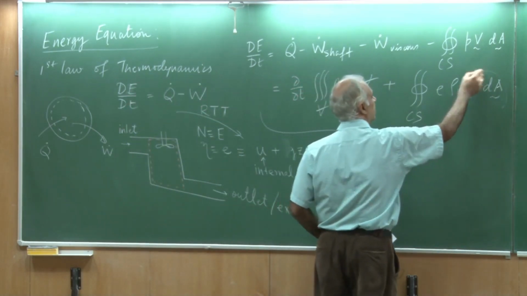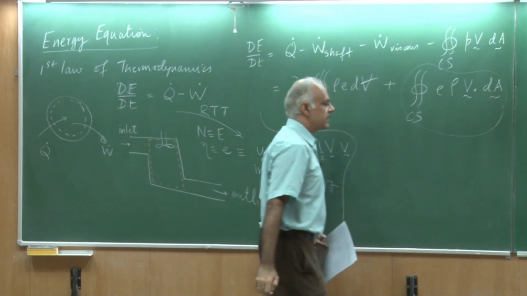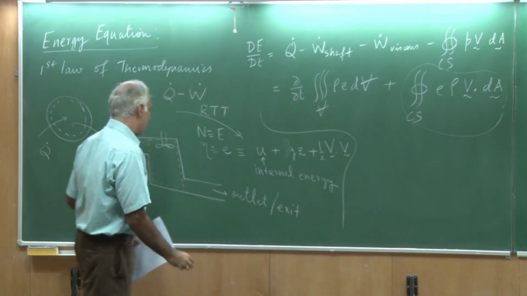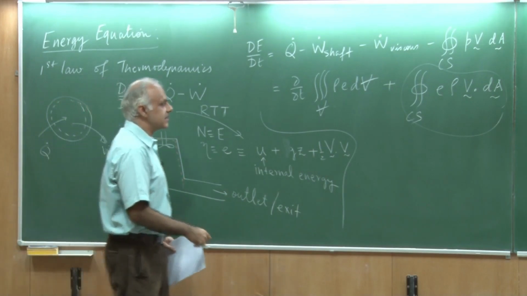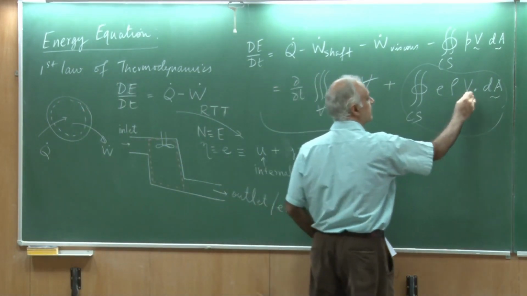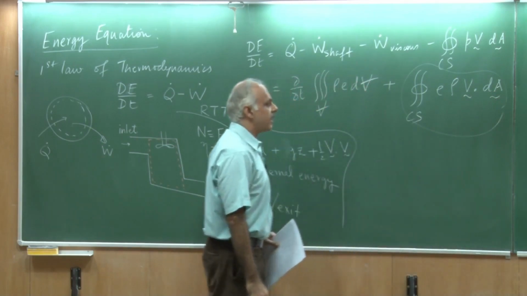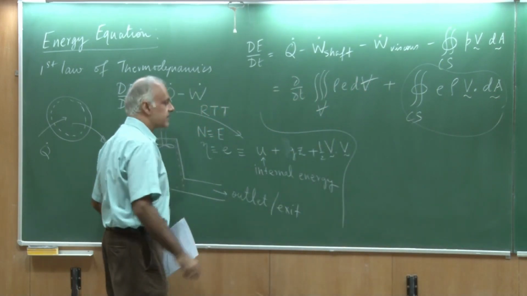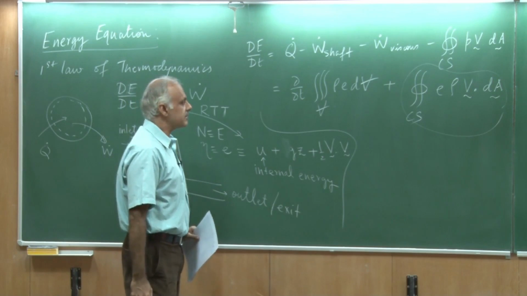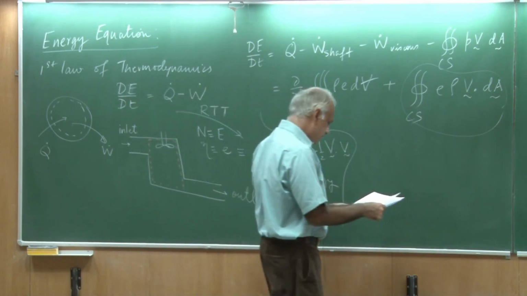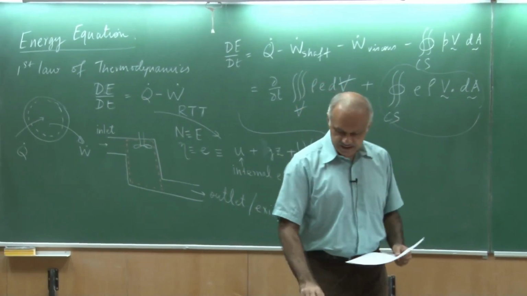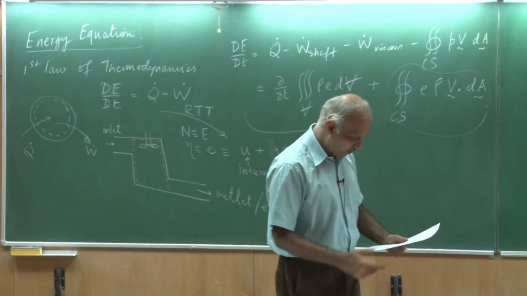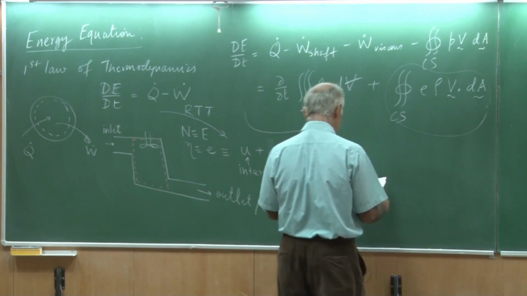So all this was done in the last class, and then we argued that if you look at this term, this also has to be computed only for the inlet and the exit ports. Everywhere else it is 0 because of this term V dot dA being 0 at the other parts of the control surface. So we were able to take some simplifications, and finally what came out is the following.